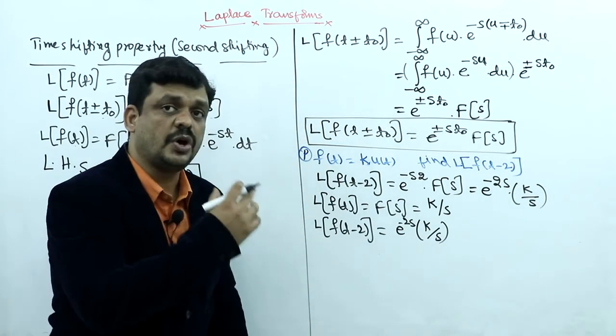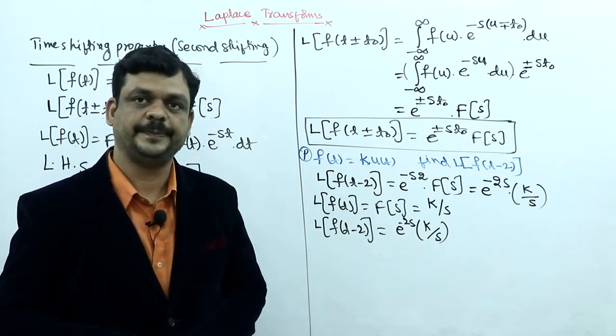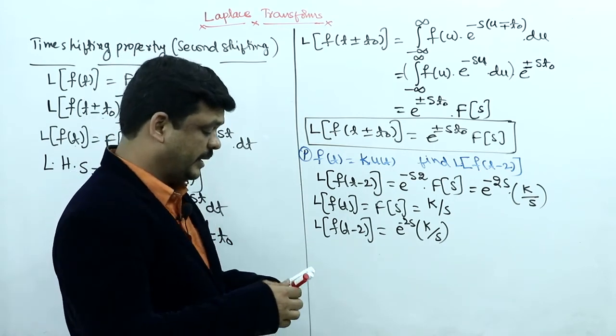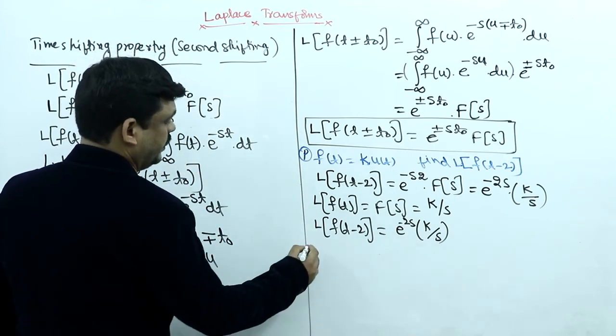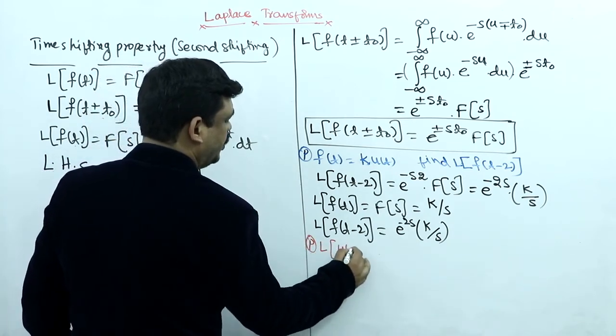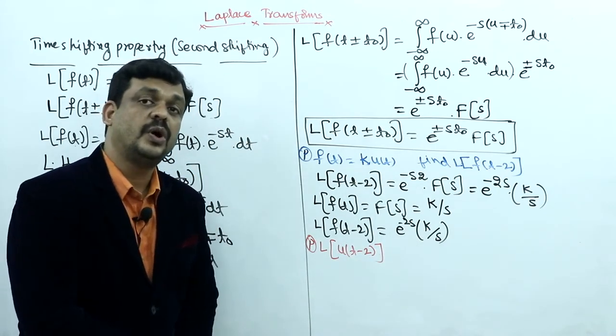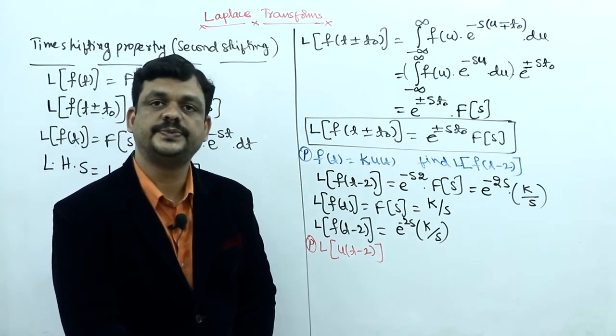So to solve these types of problems, the time shifting property is applied, right? And I am taking one more example now. Find the Laplace transform of u of t minus 2. Now we want the Laplace transform of u of t minus 2.